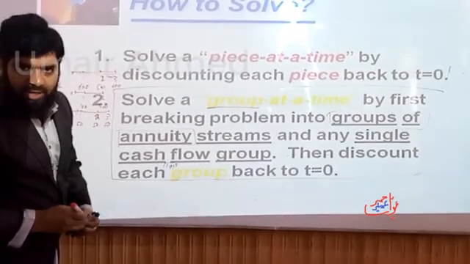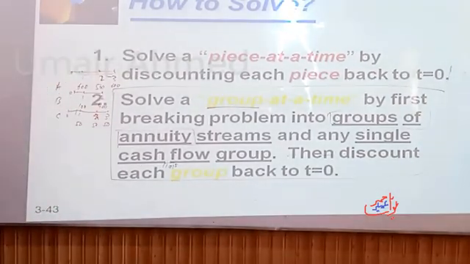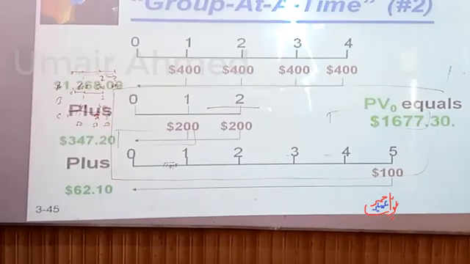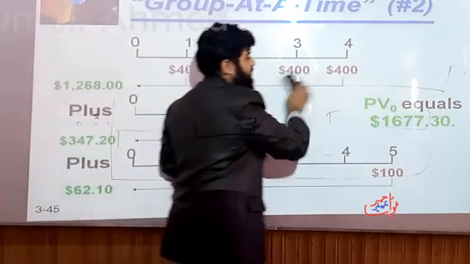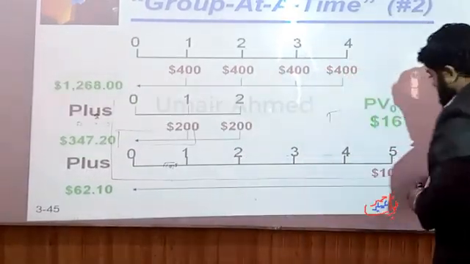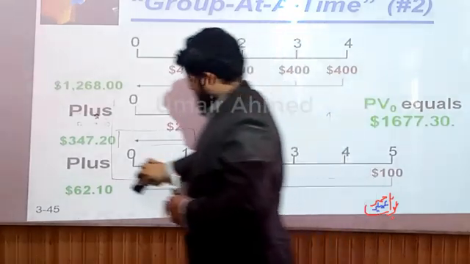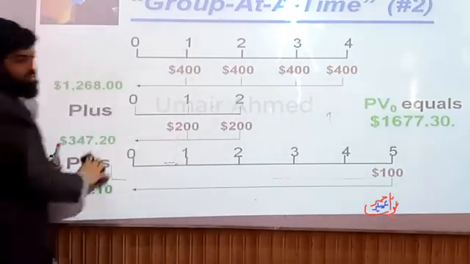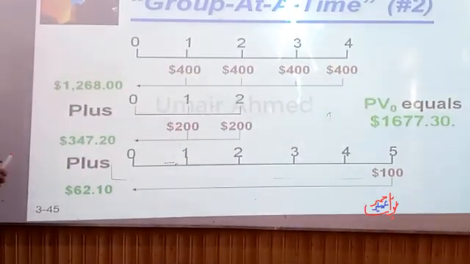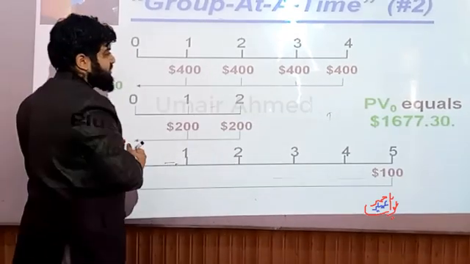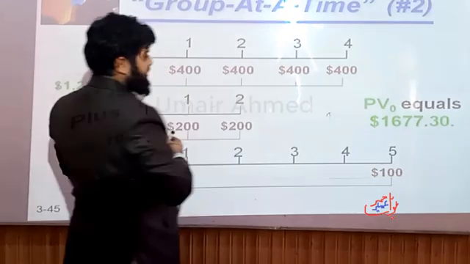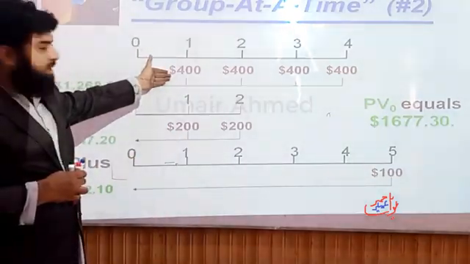So how can we perform it? Let's see it. Here we have some groups and their different values. Like you saw, this is the first group, and we are receiving 400. It's a series of equal payments, so it's an annuity.